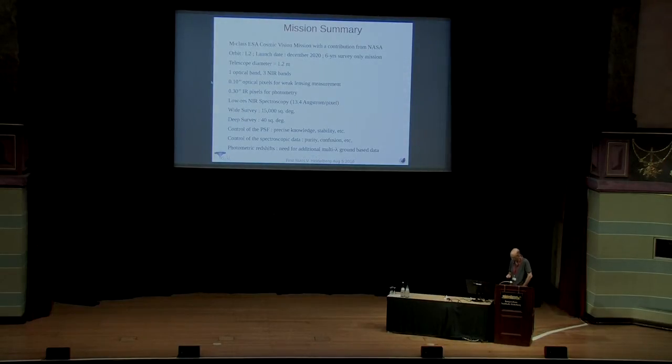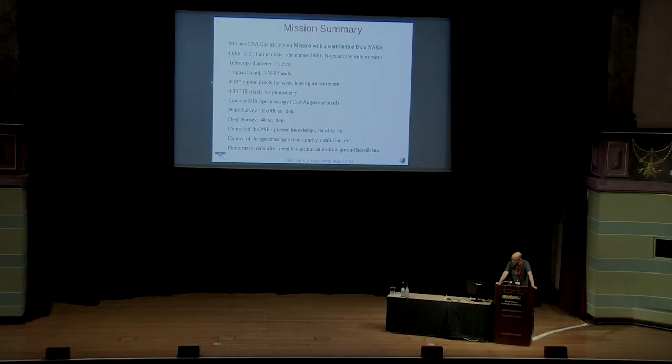So some facts about the mission. This is an M-class ESA Cosmic Vision mission with a contribution from NASA. It will be launched in 2020 to L2, and this is a 6-year survey-only mission. This is by no means a mission where you can observe your favorite objects. This will be survey-only.